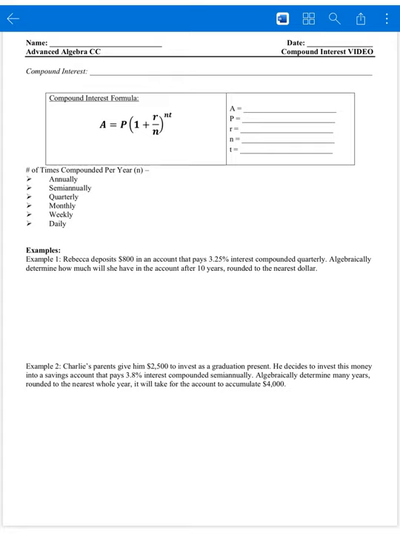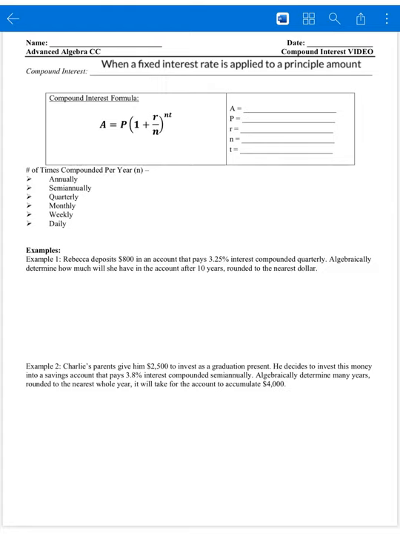Compound interest is when a fixed interest rate is applied to a principal amount. A principal amount is like the starting amount. For example, if I open up a savings account and I put $100 in, $100 is the principal amount.